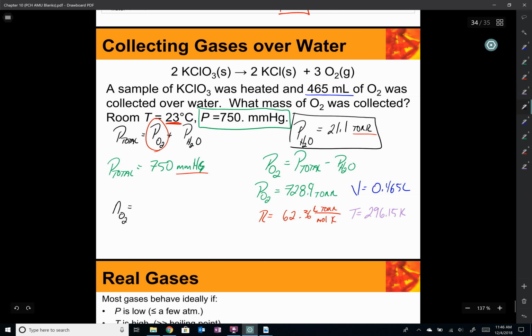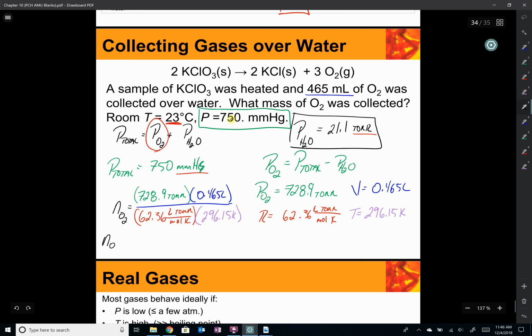That's equal to our pressure, 728.9 torr, times our volume, 0.465 liters, over the constant 62.36 times the temperature.